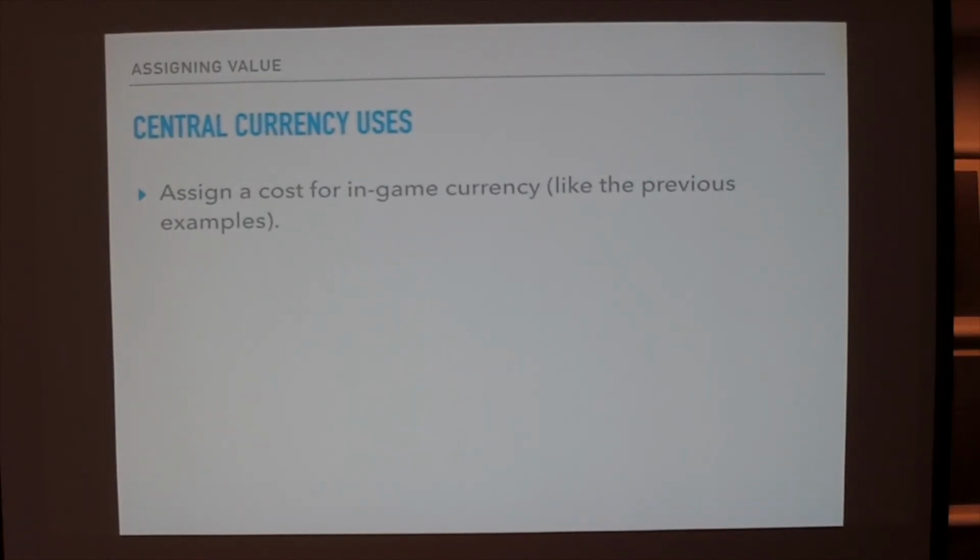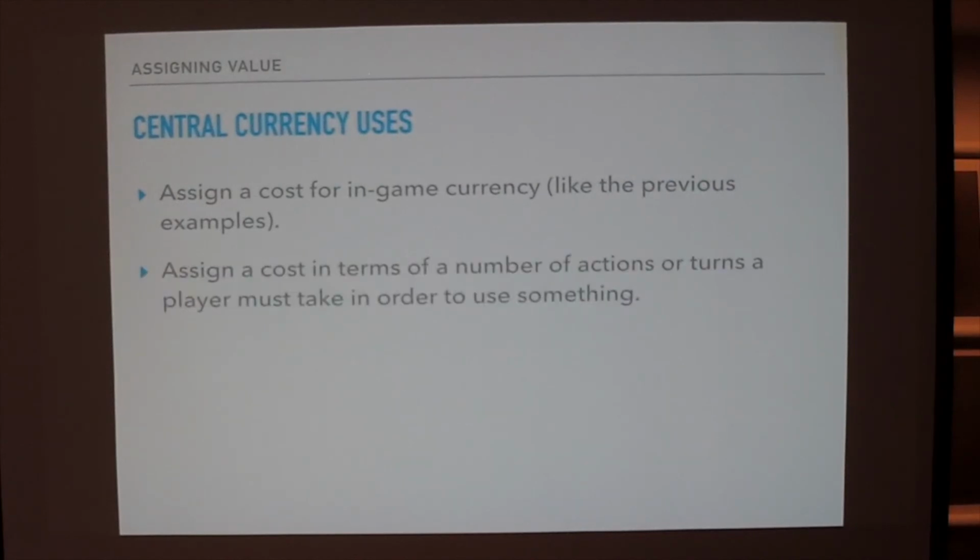So central currency is, again, useful for assigning a cost to things, like those tiles that I showed you where the cost is actually printed right on the tile. It can be very useful for that kind of thing. It can also be useful for assigning a number of actions that this thing should take. If it's more powerful, it uses more actions that you're spending in that way.